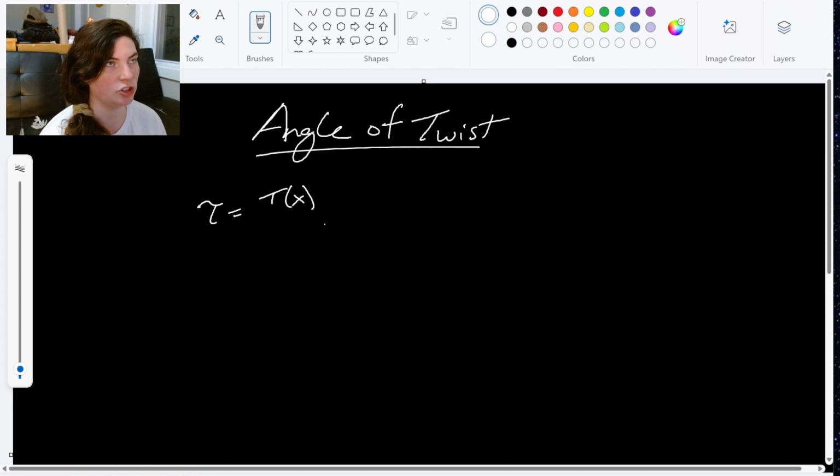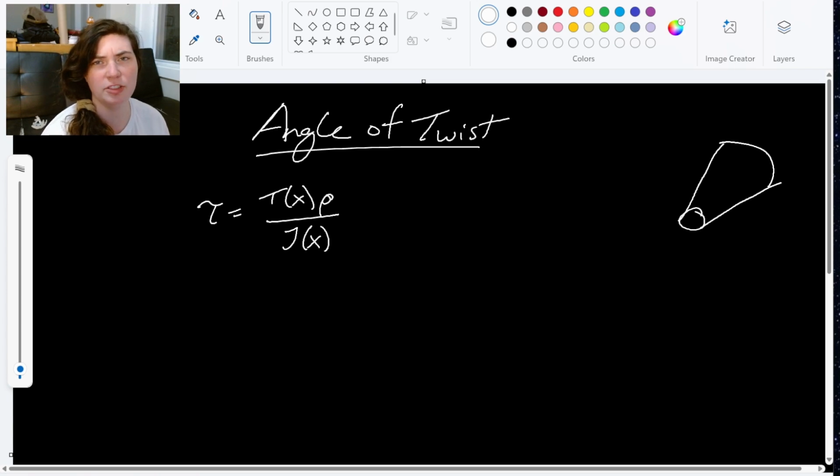If you have a changing torsion or changing geometry, it might be torsion related to x, times rho over the moment of inertia, which again we could relate to x if we have some changing geometry. Maybe something starts thinner, gets fatter, something like that. We could have a changing geometry here.